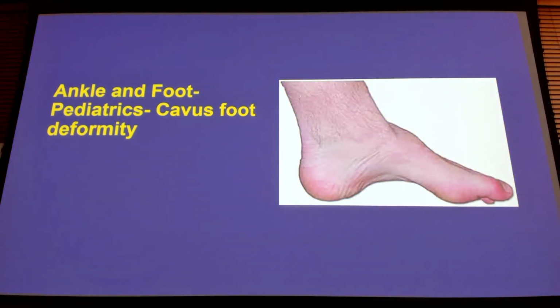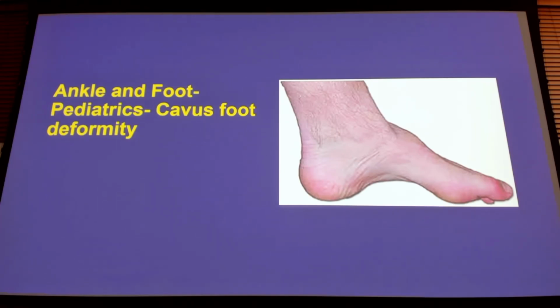Right. Earlier on, I tried to spend some time going over the different ranges of motion of the foot. So this is where that comes in over the next couple of disease conditions. The foot that you see here, right? What is abnormal about this foot? Anybody? It has a high arch, right? Okay.